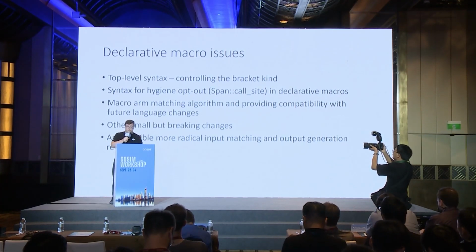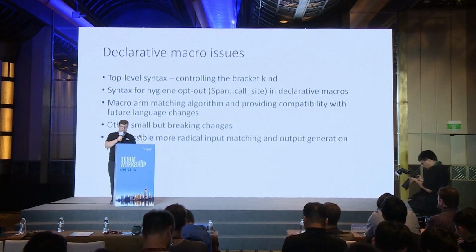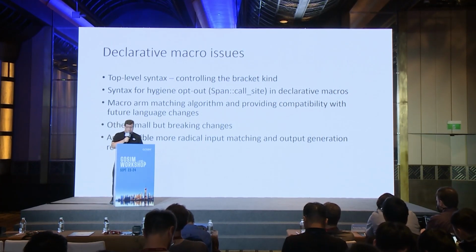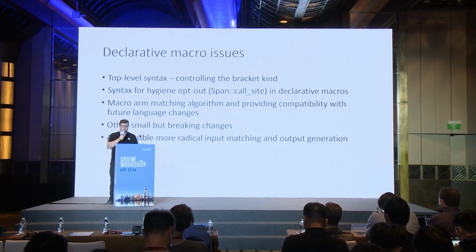And maybe the macro input matching algorithm should be better, to provide better compatibility with future language changes. There are some other small breaking changes that we can make to the macro syntax. And of course, it is possible to change the macro syntax entirely, but I haven't seen any radical proposals so far. But of course, it is still possible.